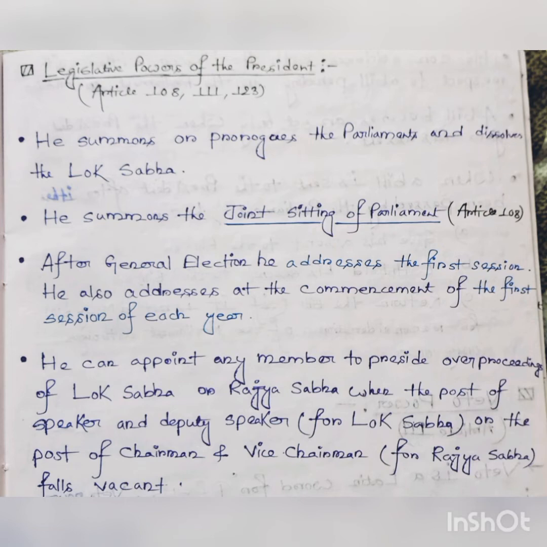Next point, he can appoint any member to preside over proceedings of the Lok Sabha or Rajya Sabha, where the post of the Speaker and Deputy Speaker for Lok Sabha, or the post of Chairman and Vice Chairman for Rajya Sabha, falls vacant.